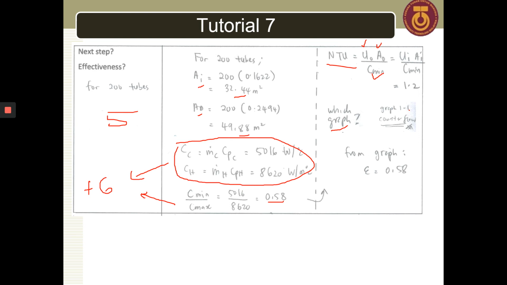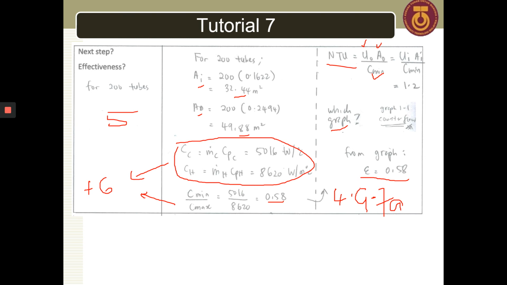So you can refer to graph 4.9-7A. Okay. From here, try to look on your own, and I have looked on my own, and I get the effectiveness of 0.58. Okay.